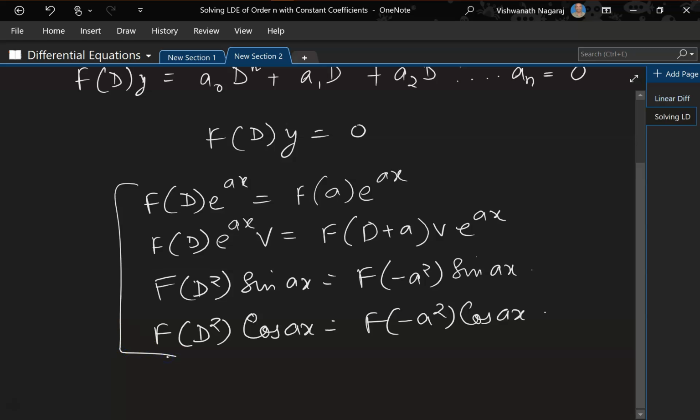These are the 4 results we have seen. So we are going to use this to solve.